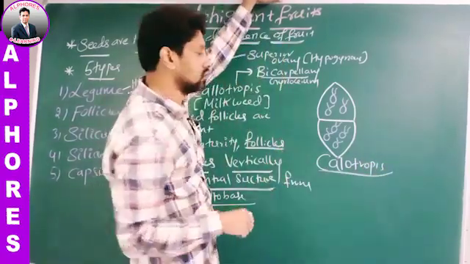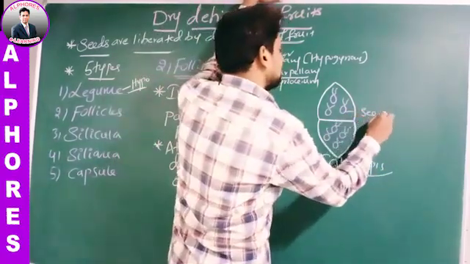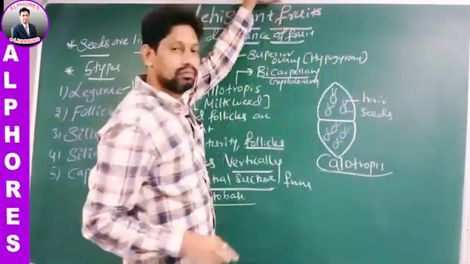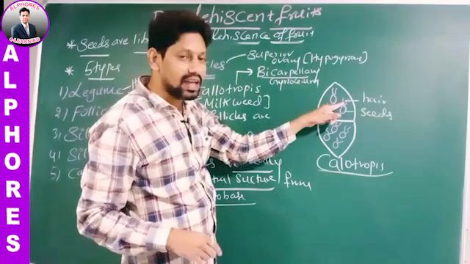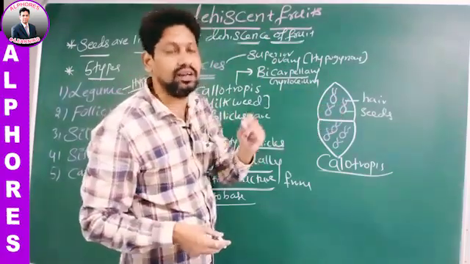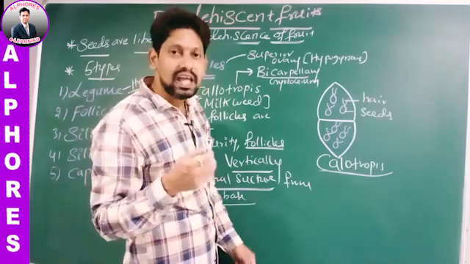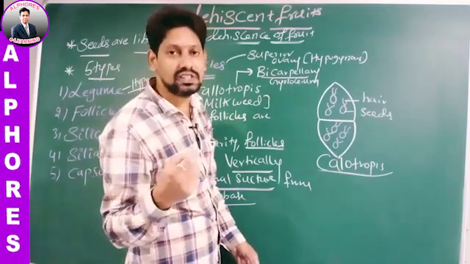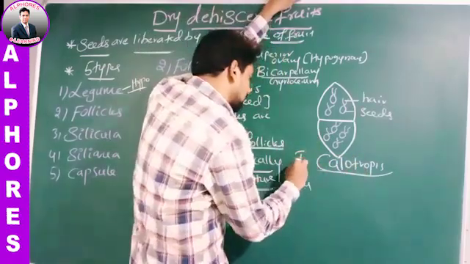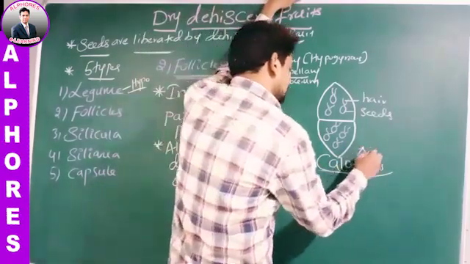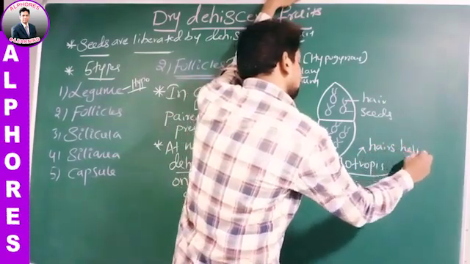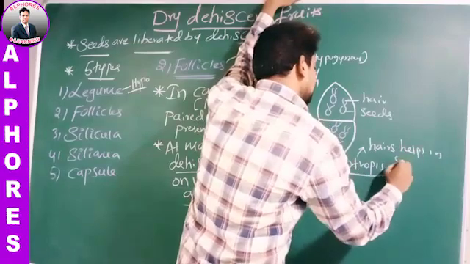In case of Calotropis, the seeds have hairs. These hairs carry the seeds from one place to another through wind. Therefore, hairs help in seed dispersal through wind.